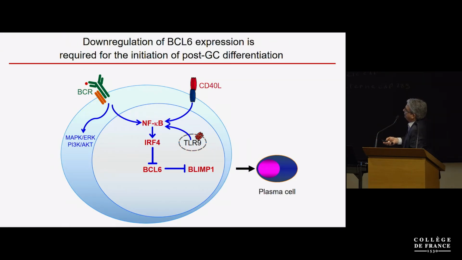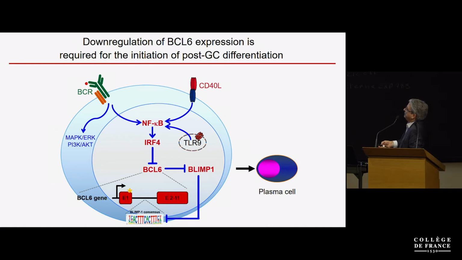And that was important because in this highly simplified pathway summary of a germinal center cell that receives BCR signaling, CD40 signaling, and other signaling, BCL6 is shut off through a chain of events, and BCL6 represses BLIMP1, but BLIMP1 turns around and represses BCL6.